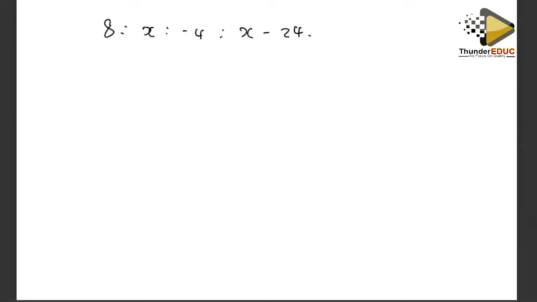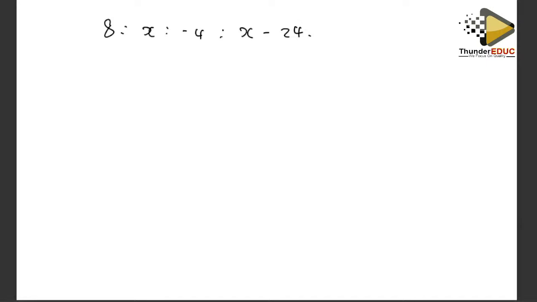Remember, they told us it is a quadratic. So what do we know about a quadratic sequence? We know that it has 2 differences. The first difference forms an arithmetic sequence, and the second difference is constant.